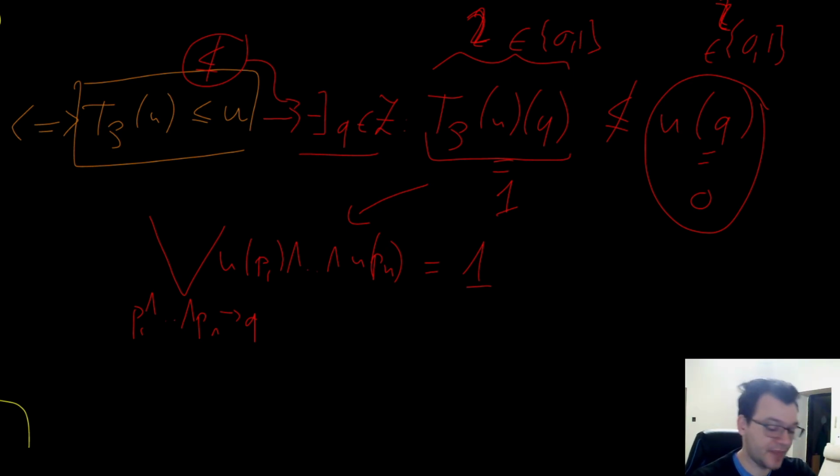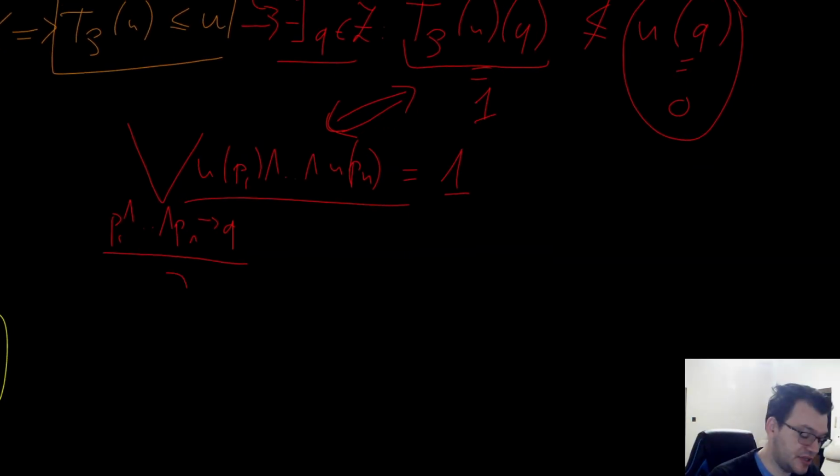And so this is also an if and only if arrow. Now, what does this mean? This means that this is a clause with Q as head, whose body gets evaluated to 1 because all the variables get evaluated to 1.